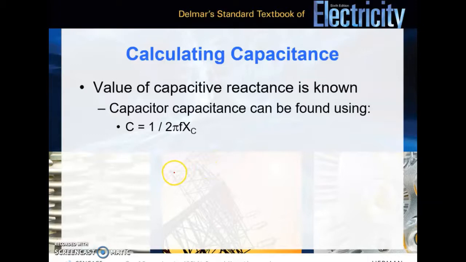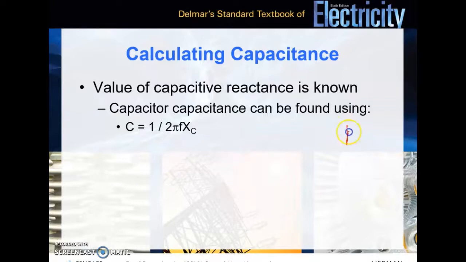This is another form of that same formula, but we have a little bit of algebra. So if we know the capacitive reactance, but we do not know the capacitance of the capacitor, then we have this formula here.